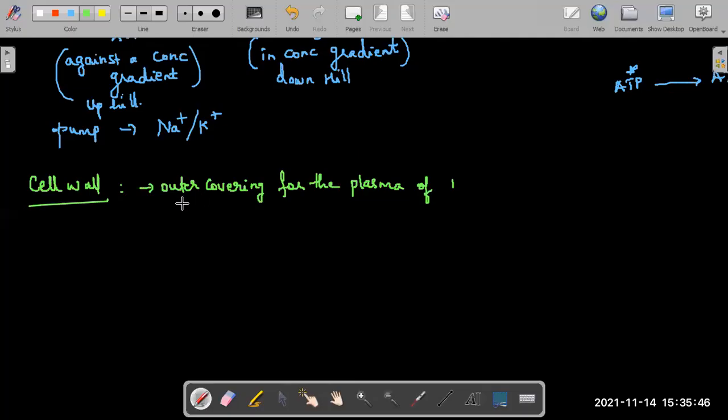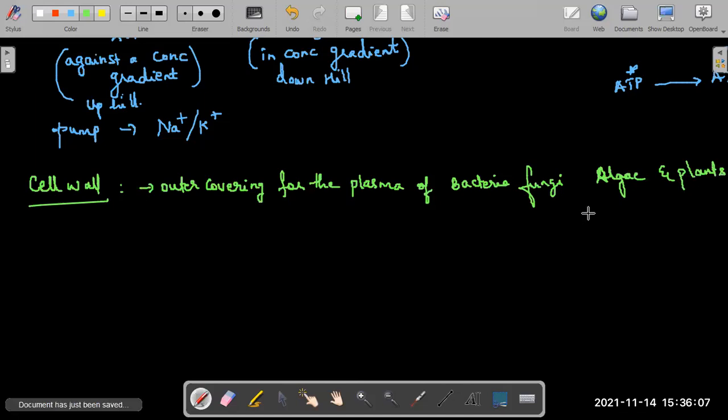Coming to the cell wall, as I said, it's the outer covering from the plasma membrane of bacteria, fungi, algae, and plants.